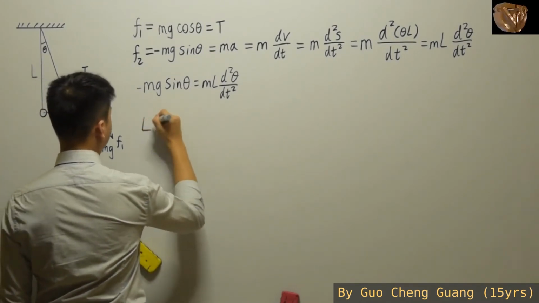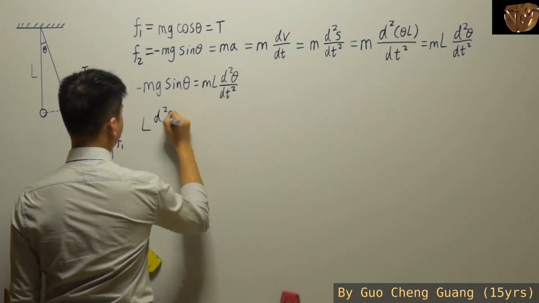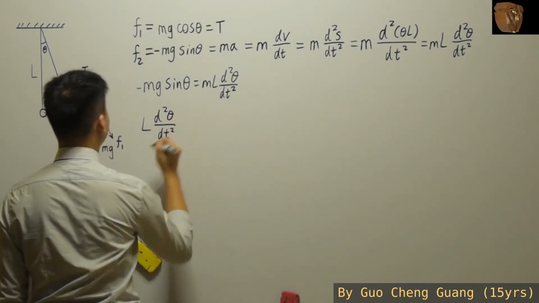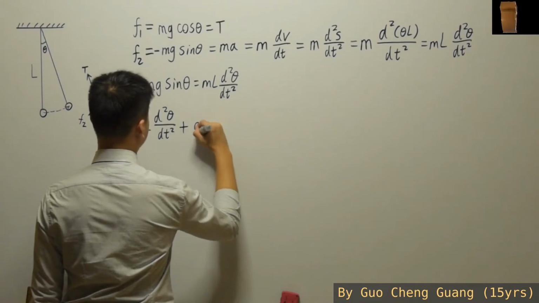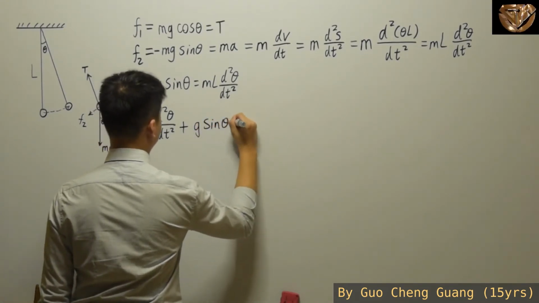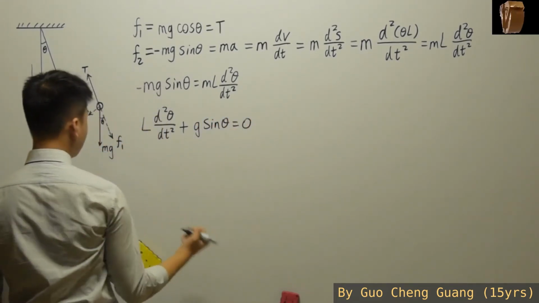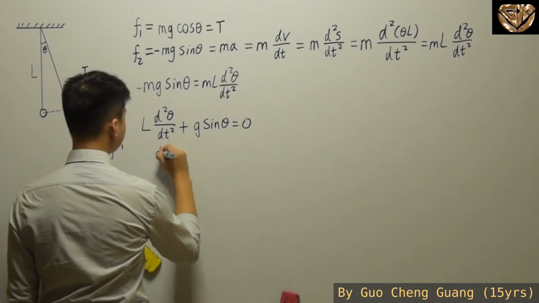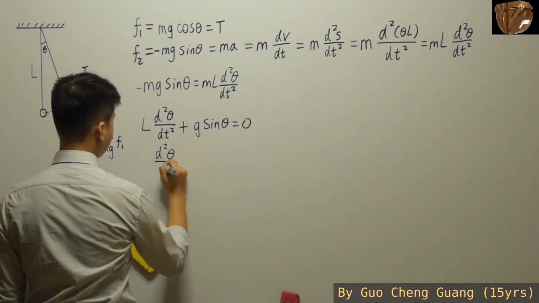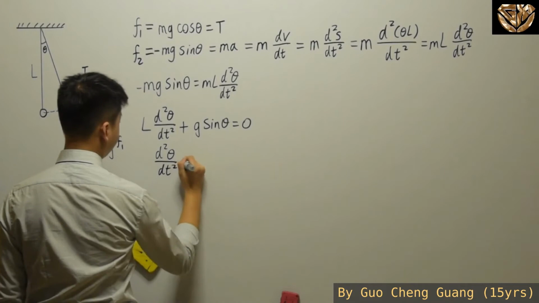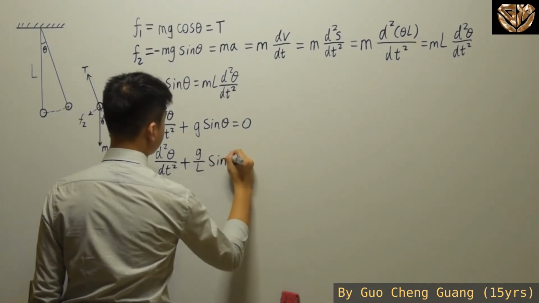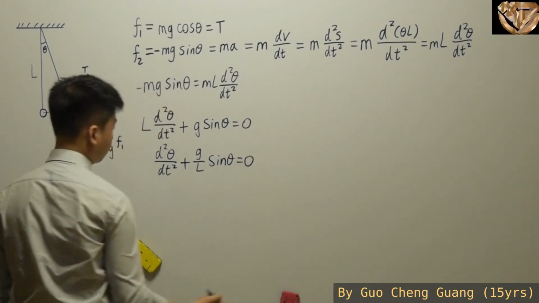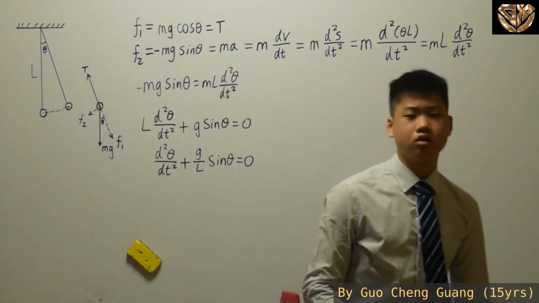So you're going to have L second derivative of theta with respect to t, or just angular acceleration, then add g sine theta, and this is equal to 0. Now we see your angular acceleration added on to g over L sine theta is equal to 0. Now at this stage, you might not be able to solve it.